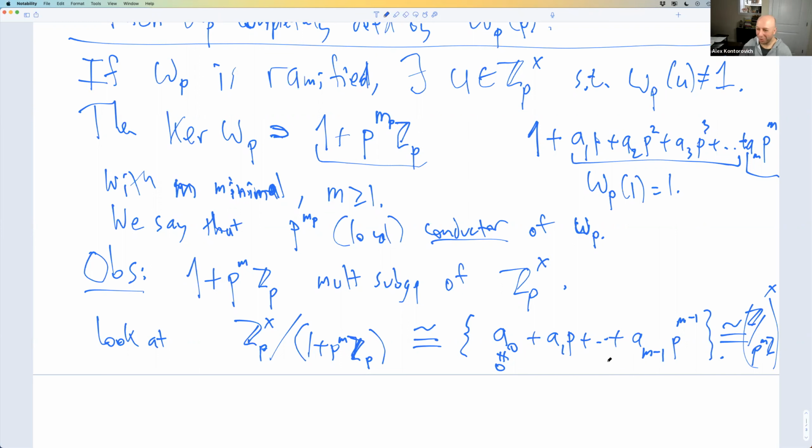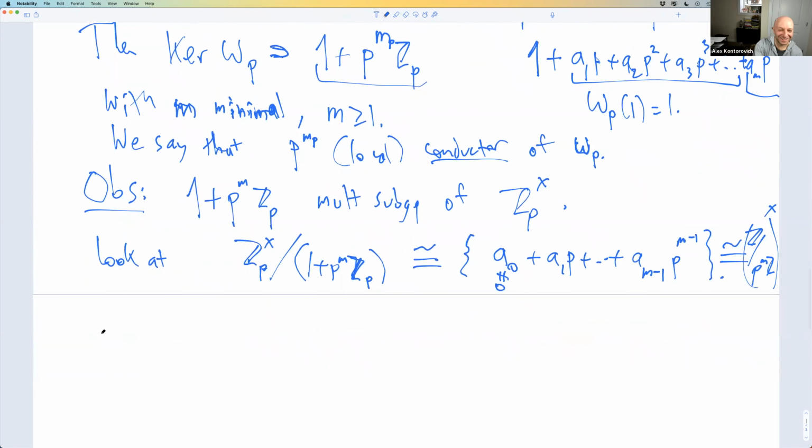But that means that the local characters are characters on Z mod p to the m Z. But we know what the characters on Z mod p to the m Z are: Dirichlet characters.